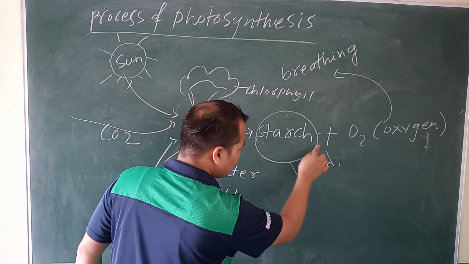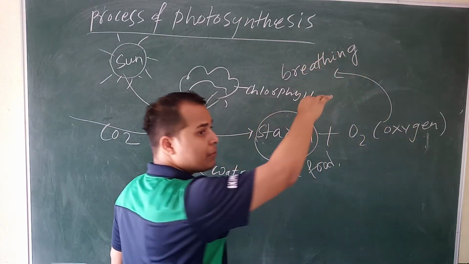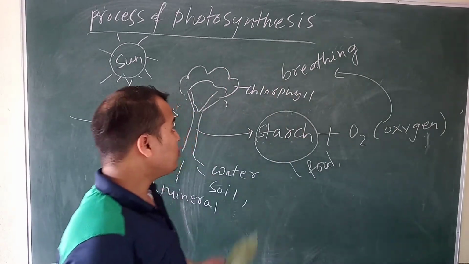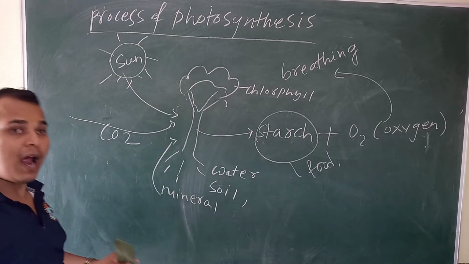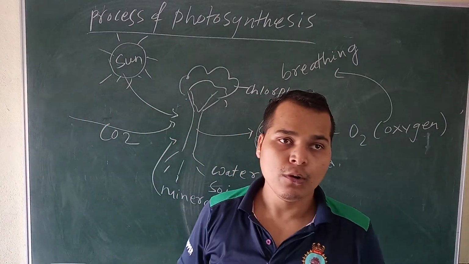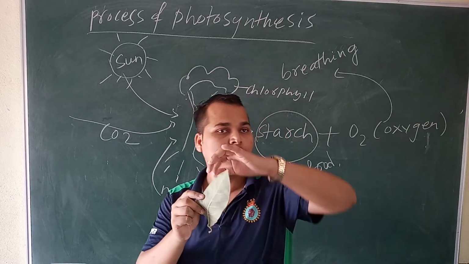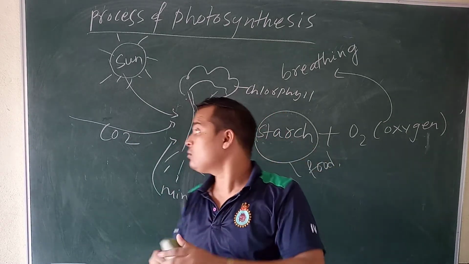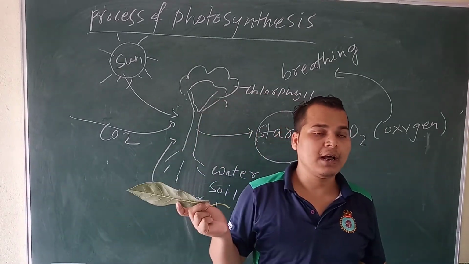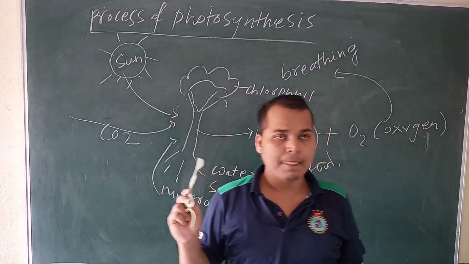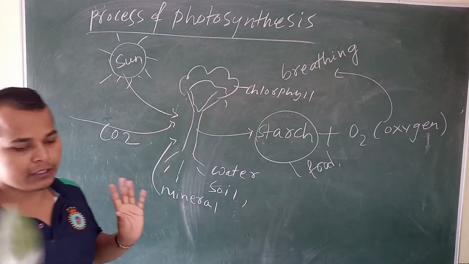Starch is the food, and oxygen is taken again by human beings for breathing. Plants can prepare food because their leaves have a green pigment, but we cannot prepare our own food. So this is about photosynthesis.